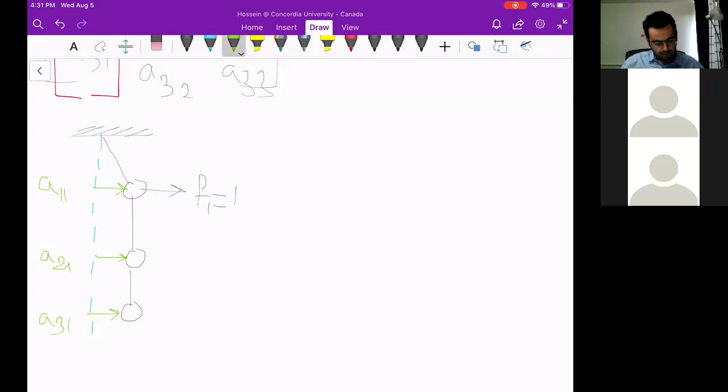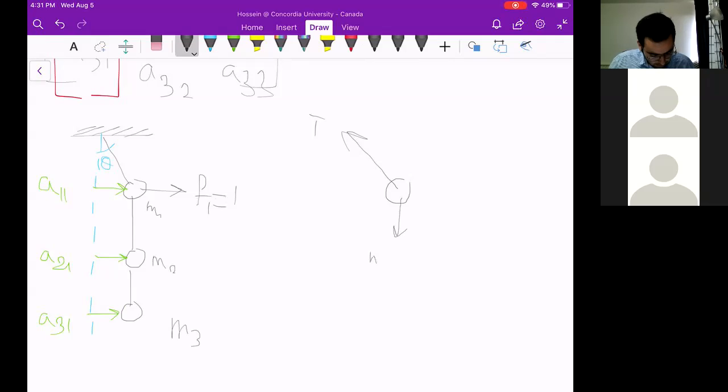So if I focus on the first mass, there is basically a force T here. Let's call this angle theta, okay? T is the tension in the string, and there is a weight force. Suppose M3, M2, M1. So there's an mg force, right?